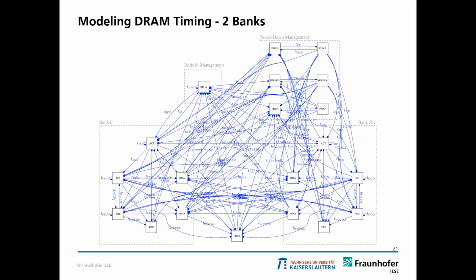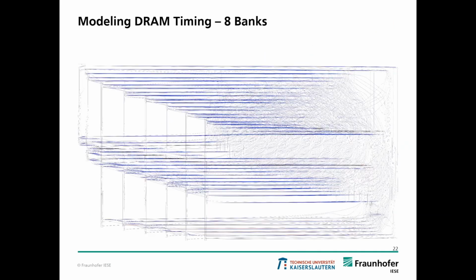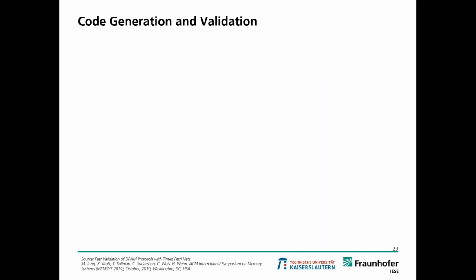And this is an artificial DRAM with just 2 banks. If we now go to a DRAM, for example, with 8 banks, it's already really hard to render this image. So one solution is, of course, to bring hierarchy into that, and I will show you how we did that.